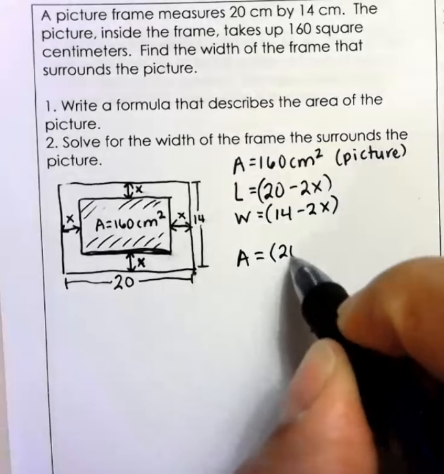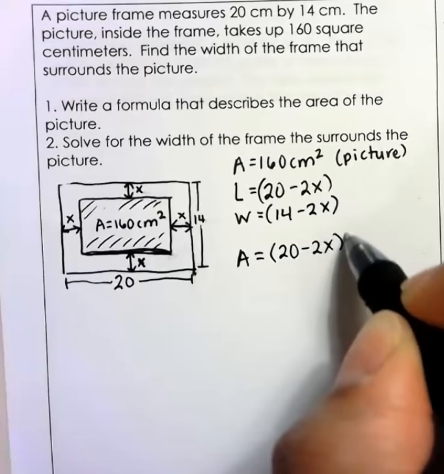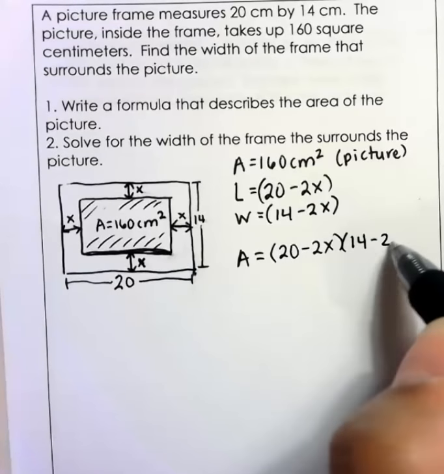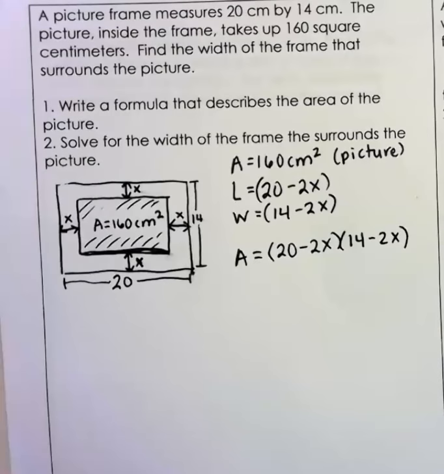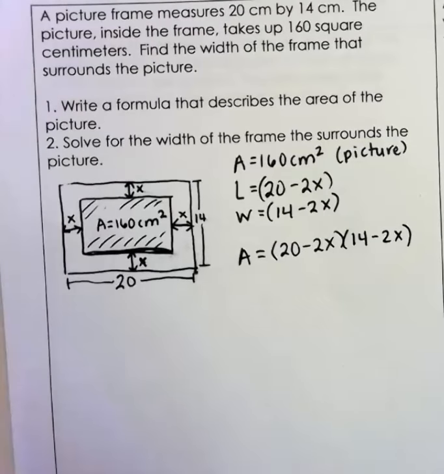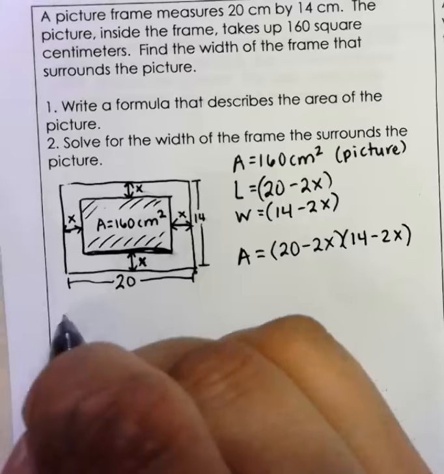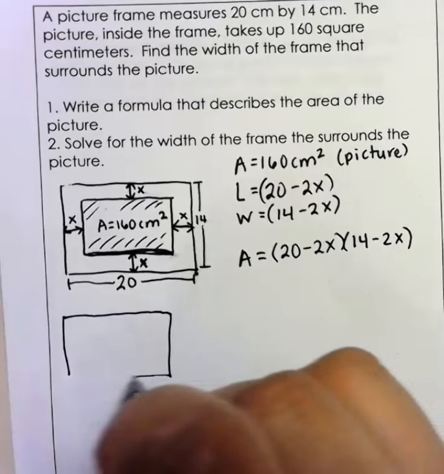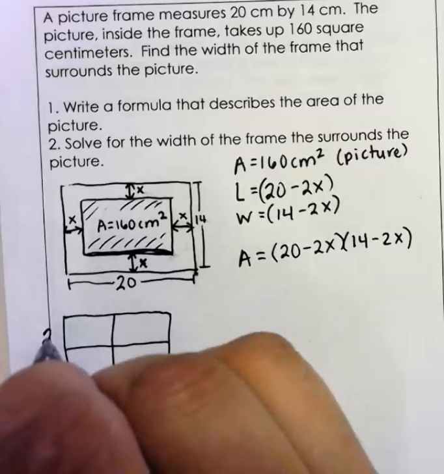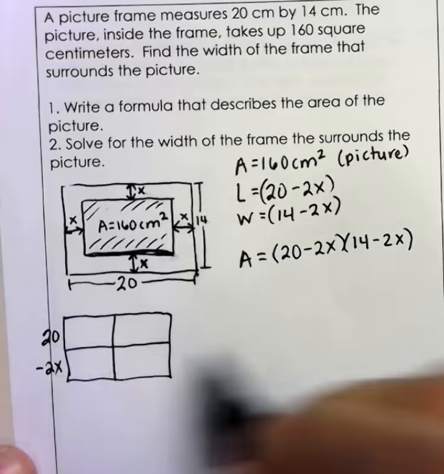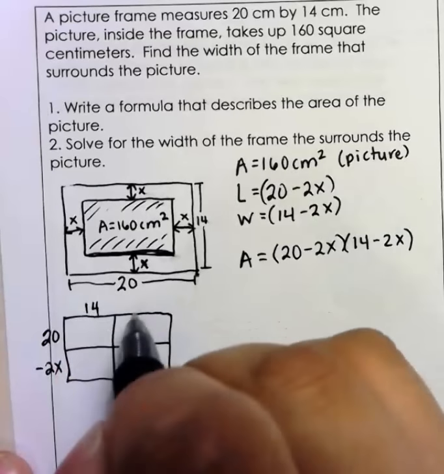So area is going to be 20 minus 2X times 14 minus 2X. And now this is multiplication, and I'm going to go ahead and use the box method. Multiply this out. So 20 minus 2X, 14 minus 2X.